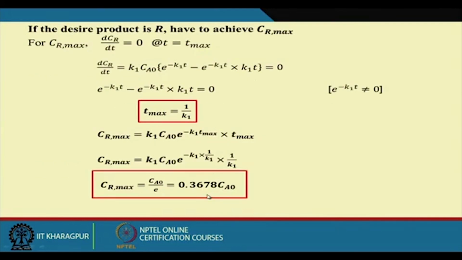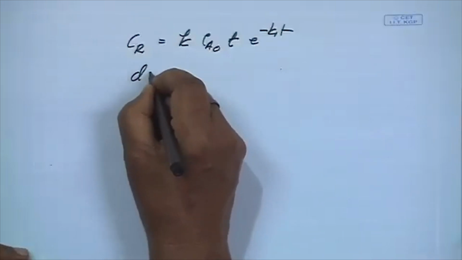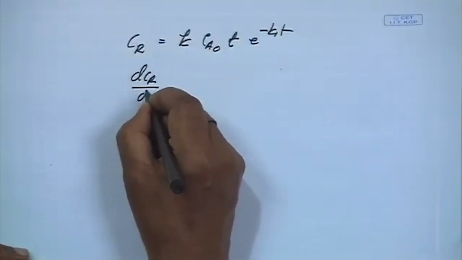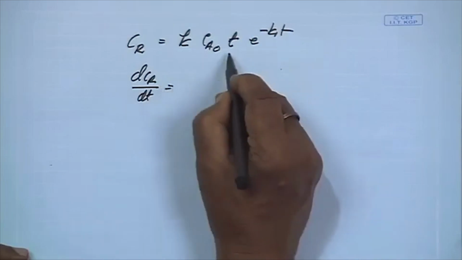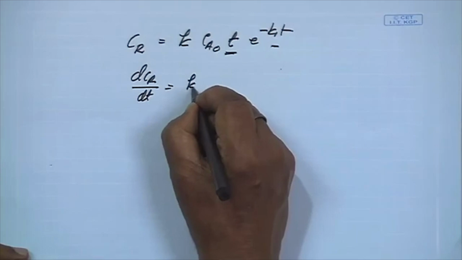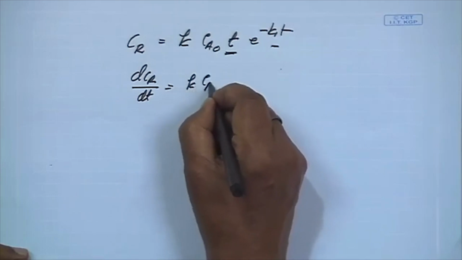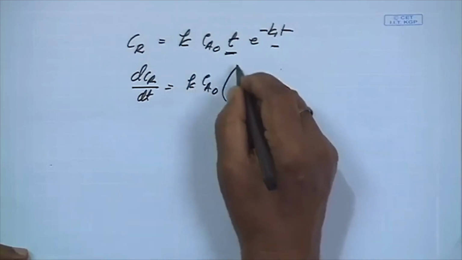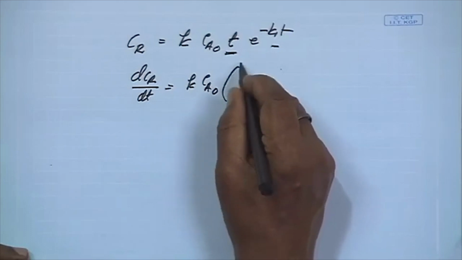Now if you do the differentiation dCr by dt, what are the two variables we have, this and this? So we can write K into Ca0, and differentiate with respect to t.